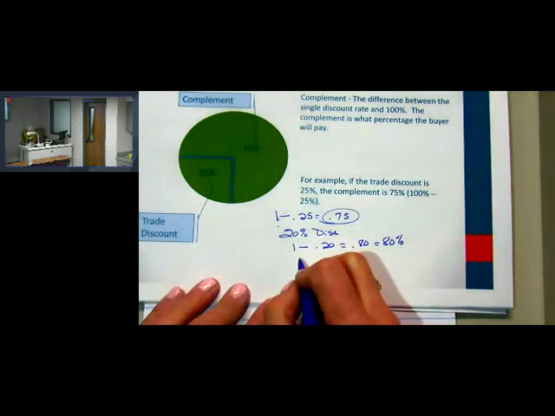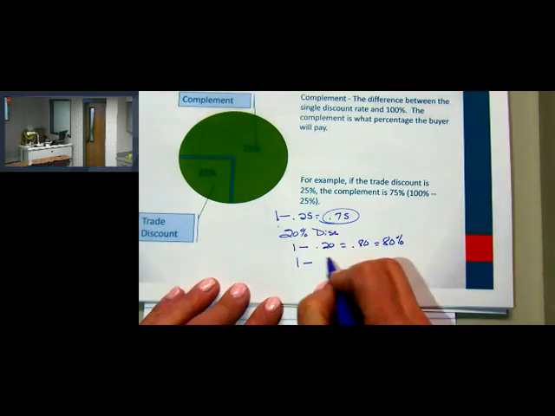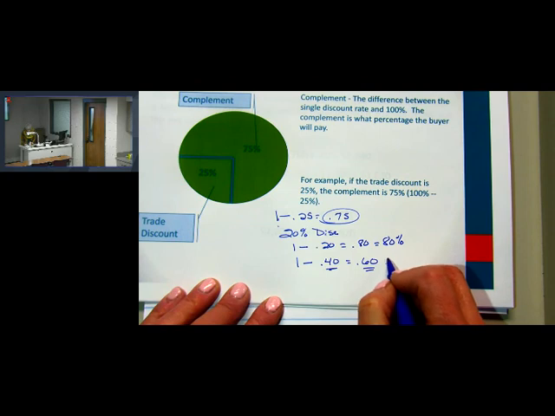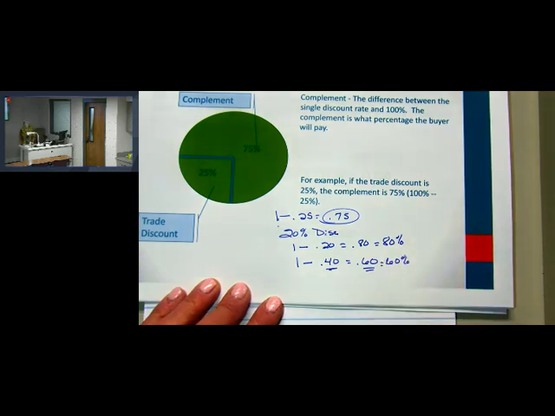If the discount is a 40% discount, it's going to be 1 minus 0.40, or I'm actually spending 0.60, or in percent, 60%. So again, we can figure out the net amount quickly if we just take the list price times the complement, boom, you've got your net amount that you're spending, all right?